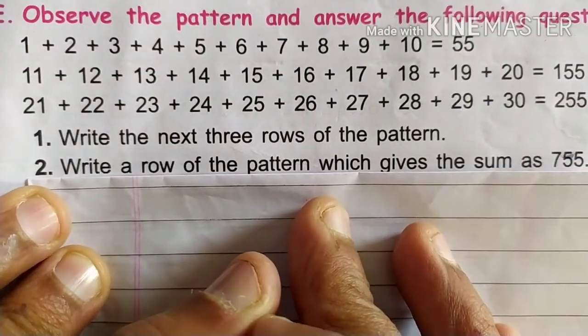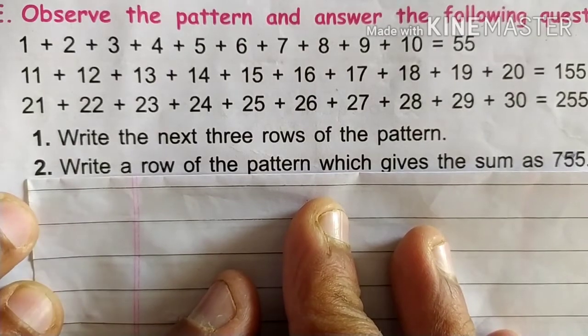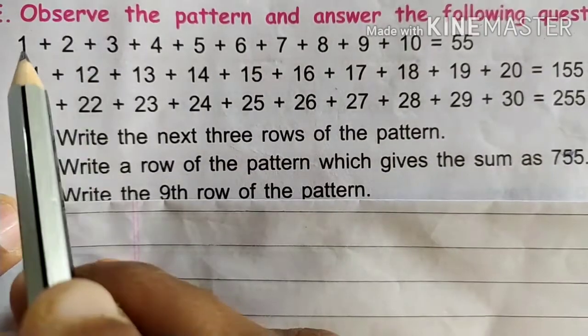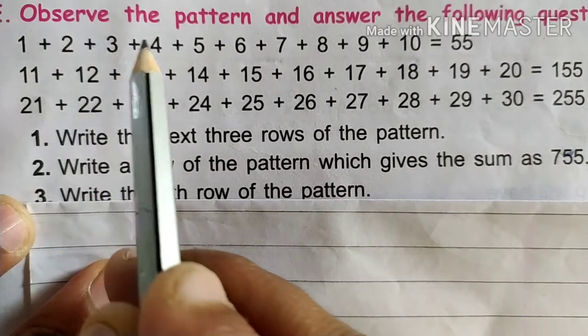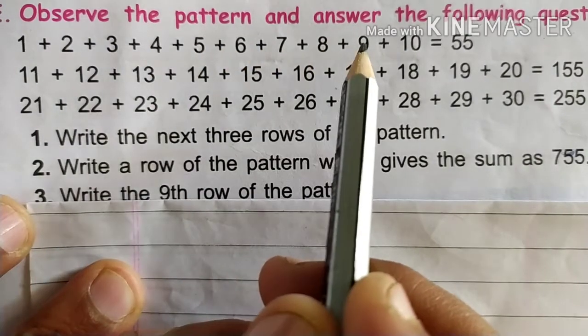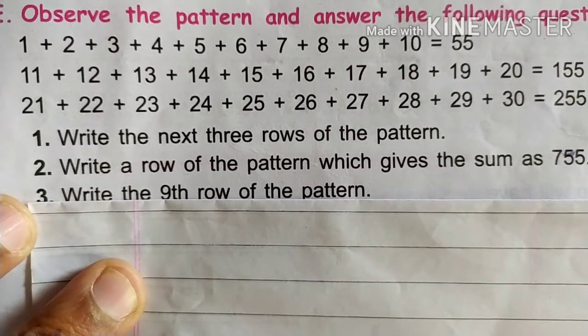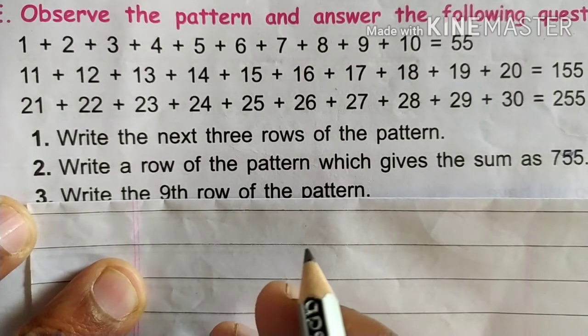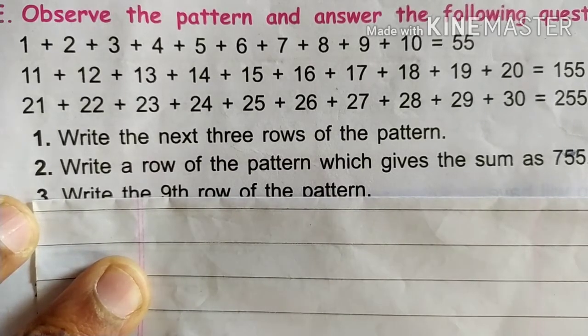Next question. Observe the pattern and answer the following question. Here the pattern is given. We have 1, 2, 3, 4, 5, 6, 7, 8, 9, 10. The sum of the first 10 consecutive numbers is 55. And if you see 11, 12, 13, 14, 15, 16, 17, 18, 19, 20, the sum is 155.